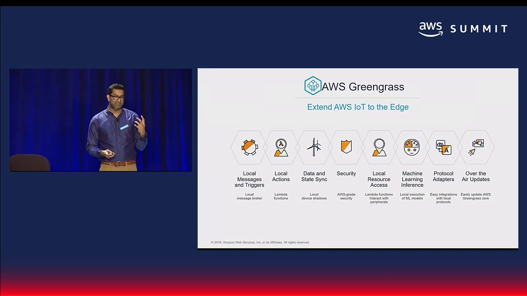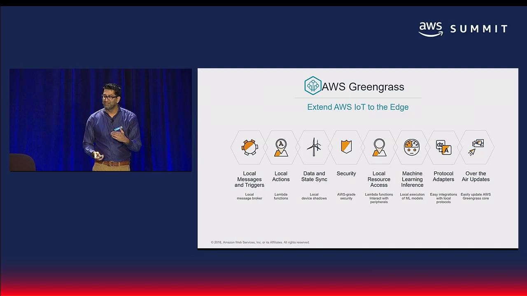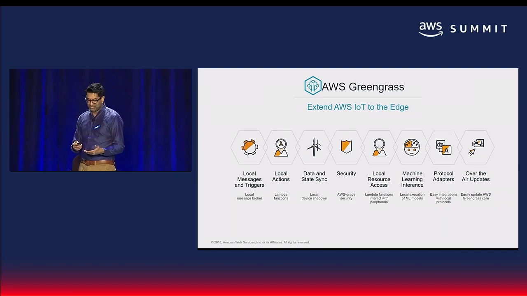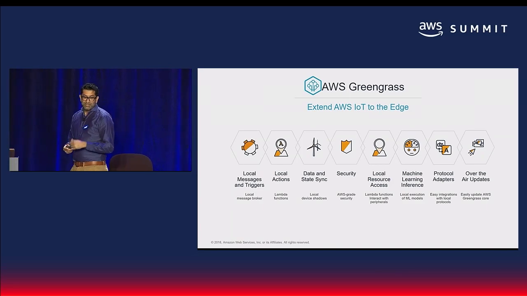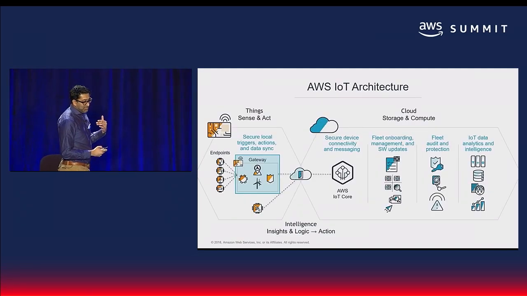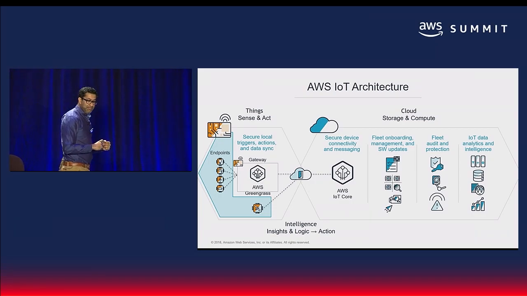So if that device update fails, it'll roll back. We want to build in all this redundancy so that you get the flexibility and functionality you need without having to reinvent the wheel, as I mentioned earlier. So Greengrass, this is where it fits in. You can see the Greengrass, there you go, the gateway.